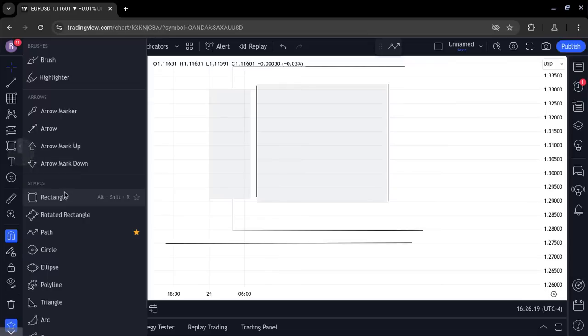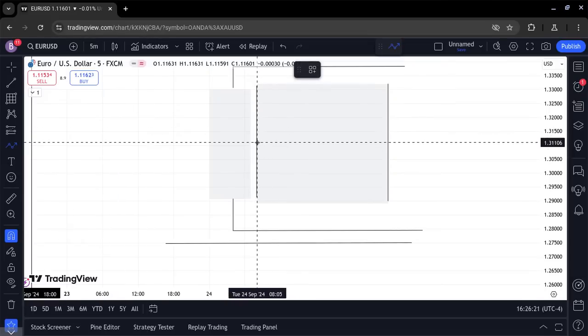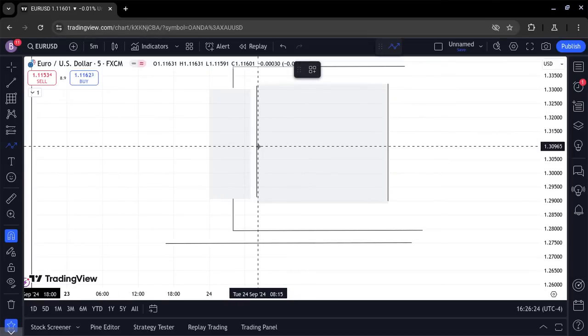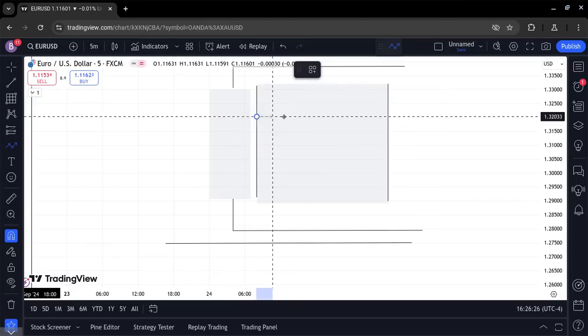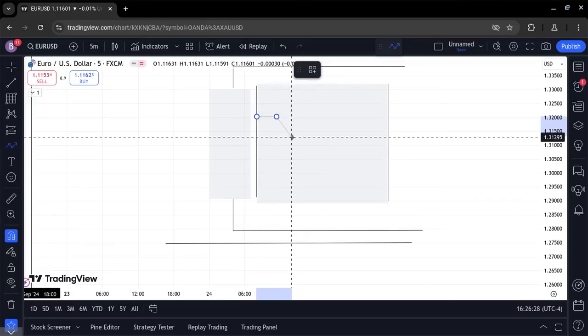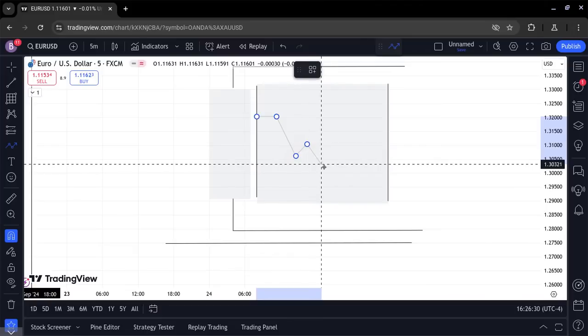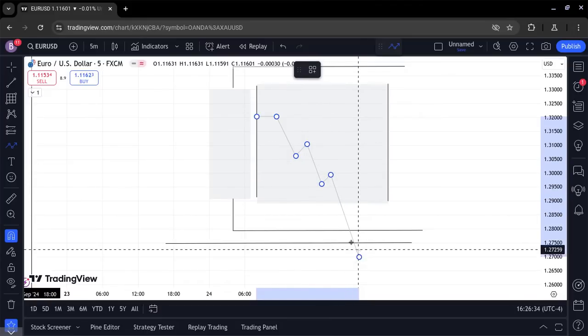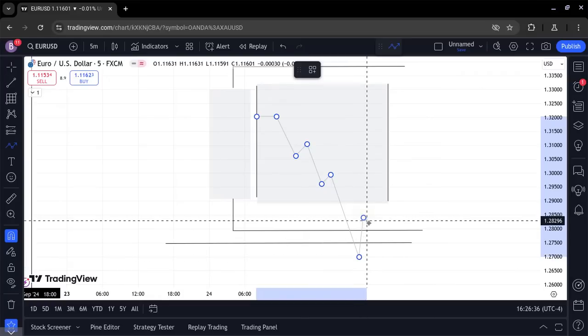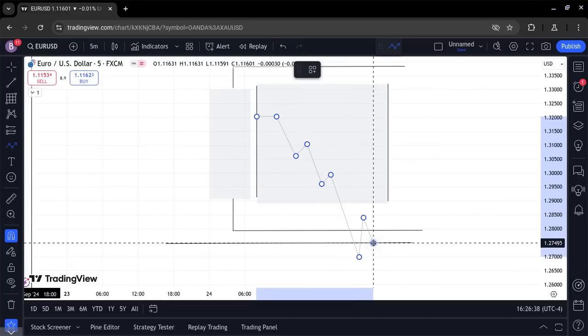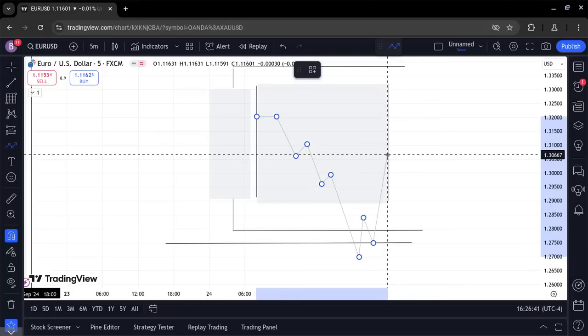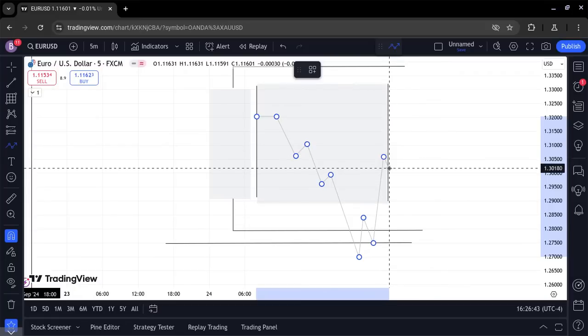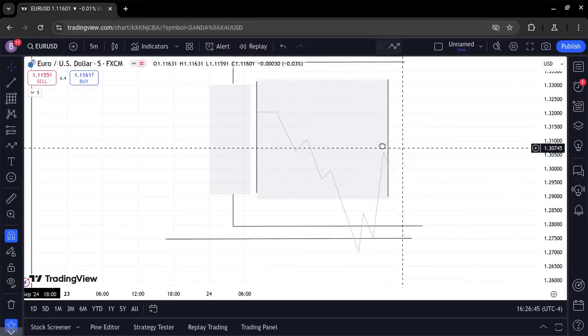What we want is price to open. Okay, price opens up, drops below, takes the key level, gives us a change in the state of delivery, and then the candle closes.